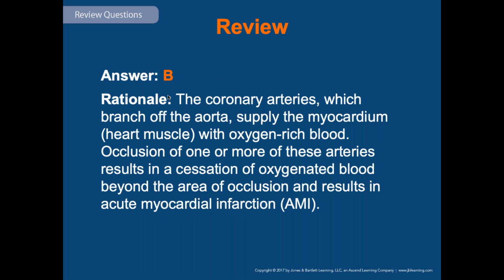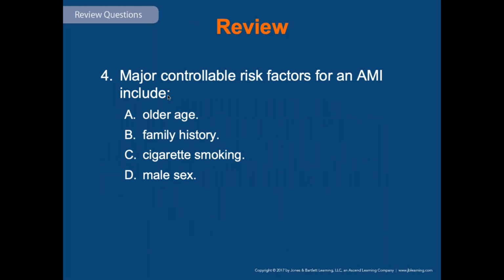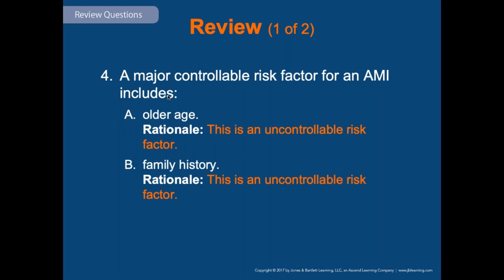So B. Number 4, major controllable risk factors for an AMI include... controllable. All right, awesome, controllable, C.